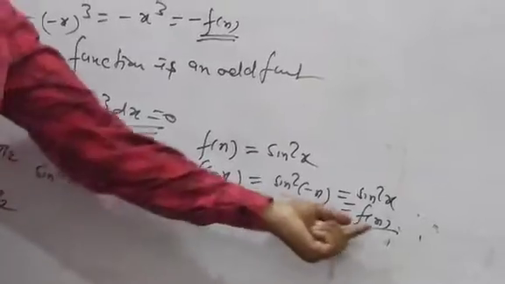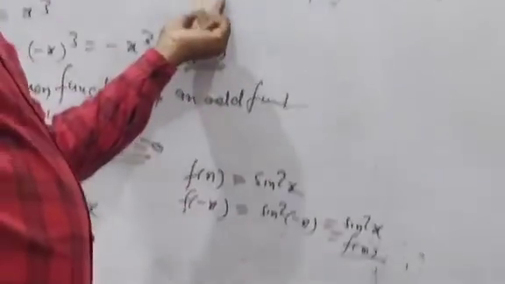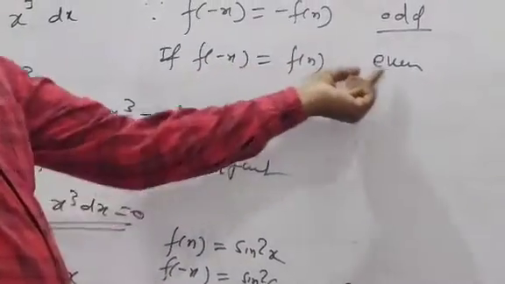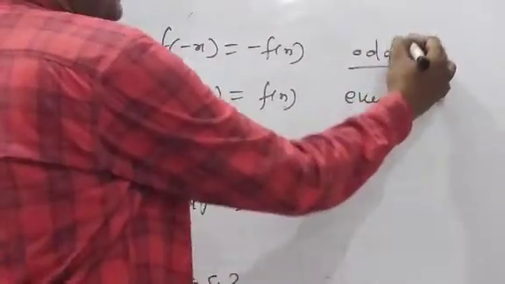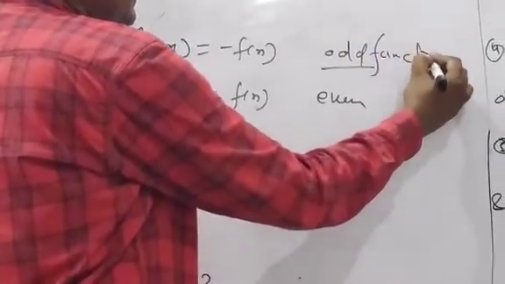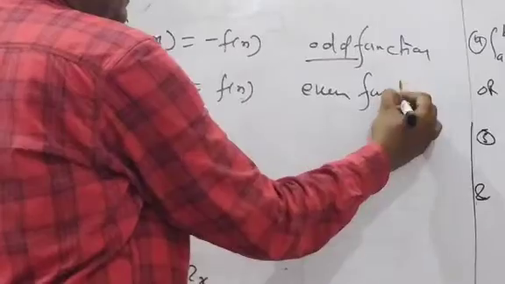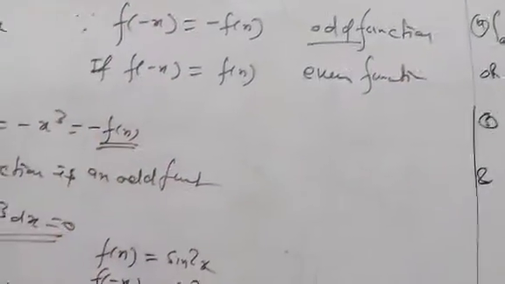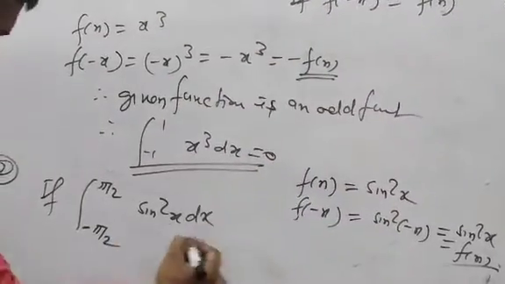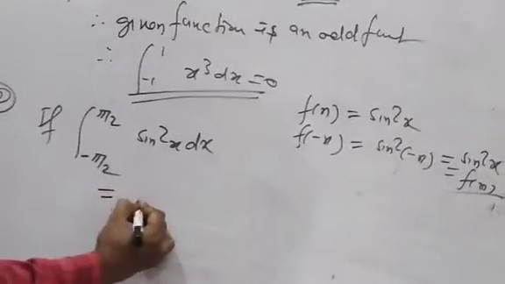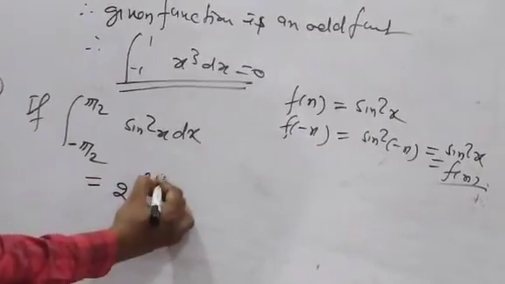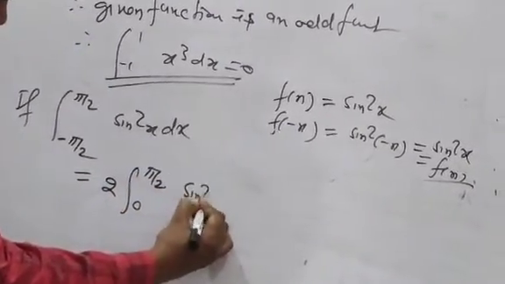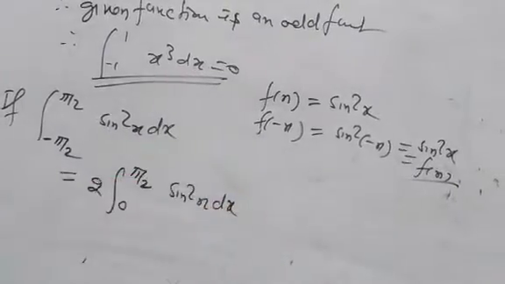So f(minus x) is equal to f(x). This is an even function. Here odd function, here even function. Therefore this value is equal to 2 times integral 0 to pi by 2 of sin square x dx.